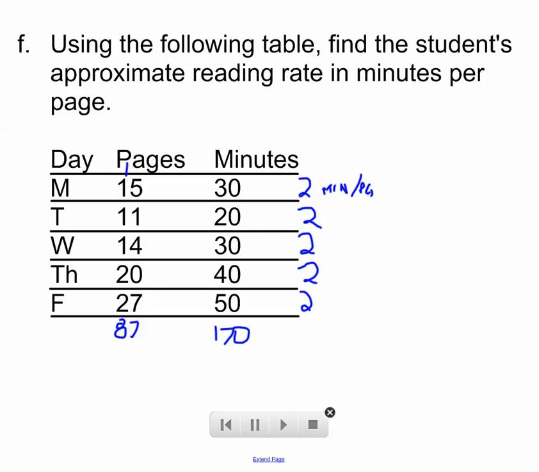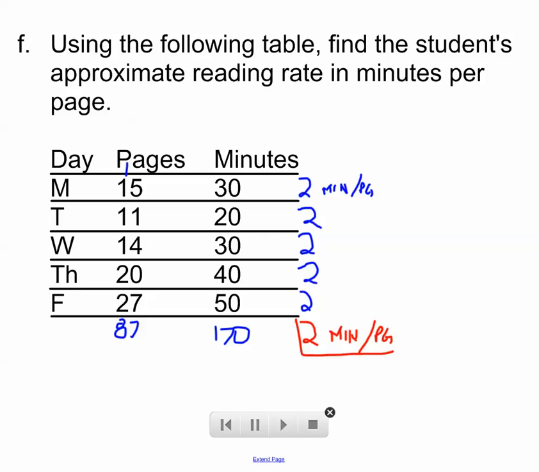Okay, and we could do 170 divided by 87, which is 1.95 if you do it exactly. So I think we can determine here that our answer is 2 minutes per page.